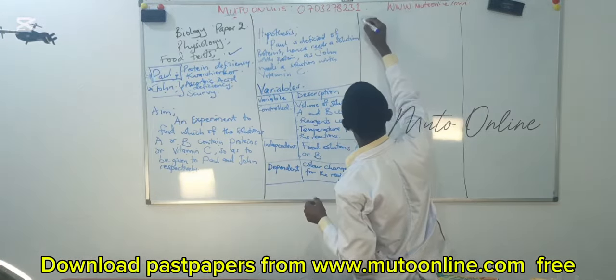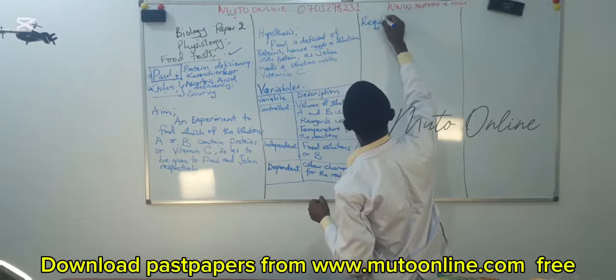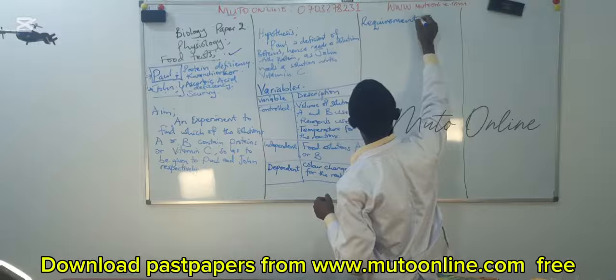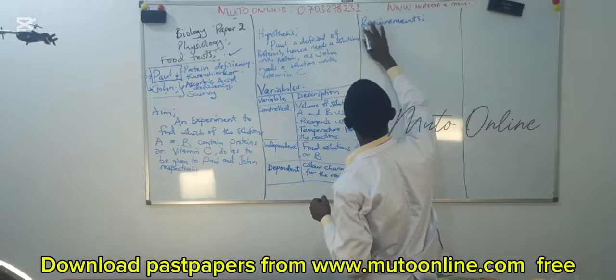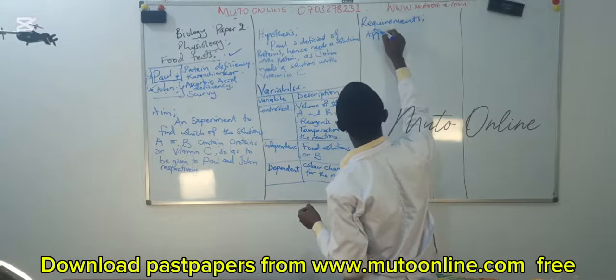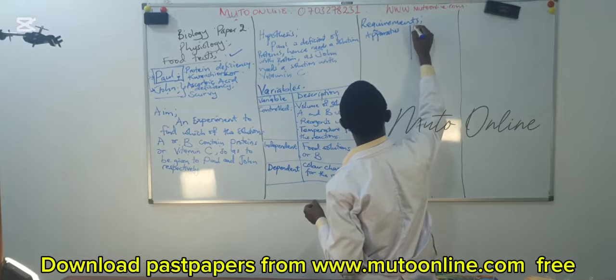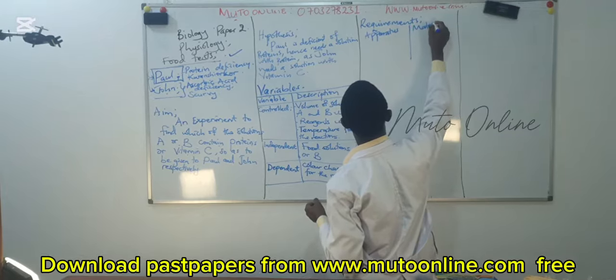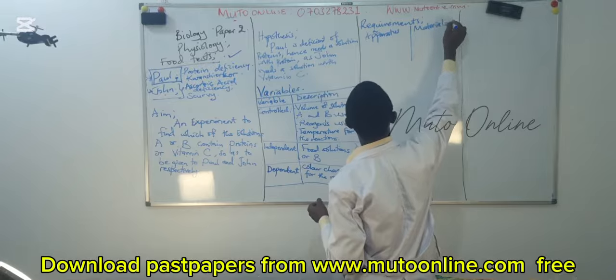The next step is stating the requirements. I know we've been doing a number of these investigations, and for us, we always separated the apparatus from the materials. And we know why.